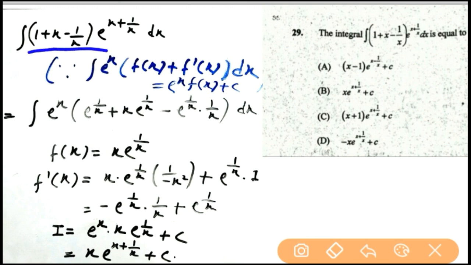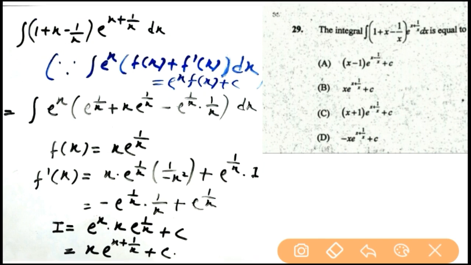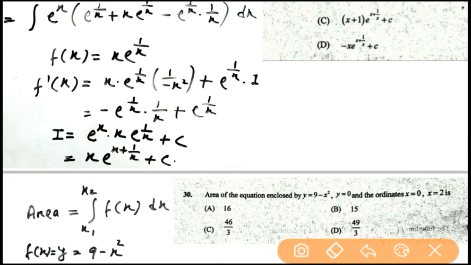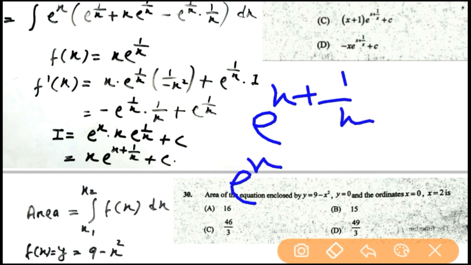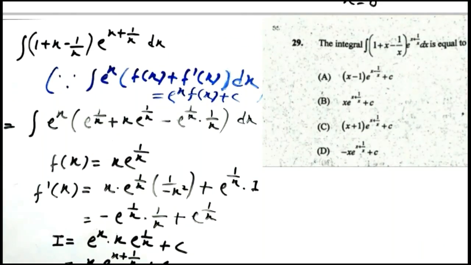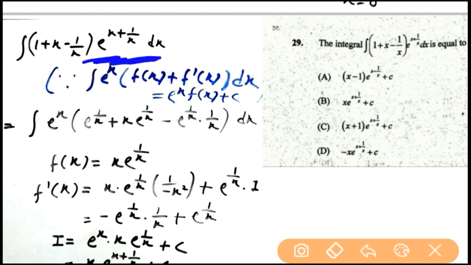So here we have this question, integration of 1 plus x minus 1 by x, e to the power x plus 1 by x. See here we have e to the power x plus 1 by x. So this can be written as e to the power x into e to the power 1 by x.